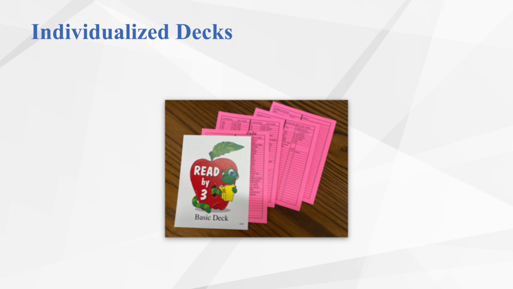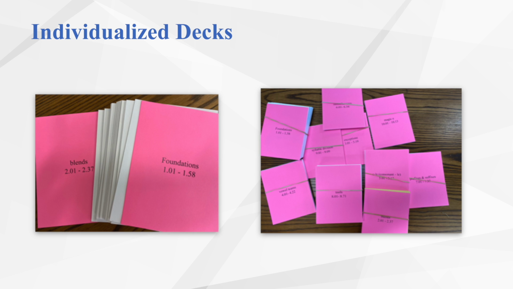Now that you've personalized your deck, let's organize the cards into more manageable groupings. First, set the Read by 3 card and the pink index cards aside, and we'll come back to those in a little bit. Now, beginning with your pink foundations card, 1.01 to 1.58, I want you to take this pink card plus all the white cards behind it until you get down to the next pink card.